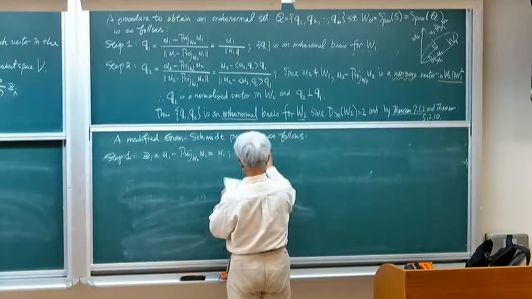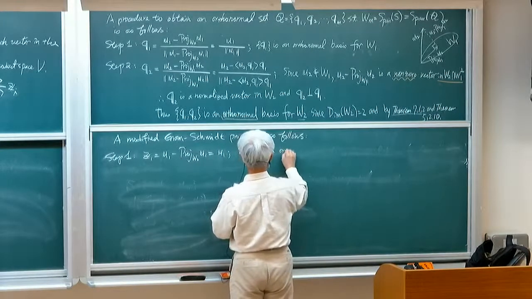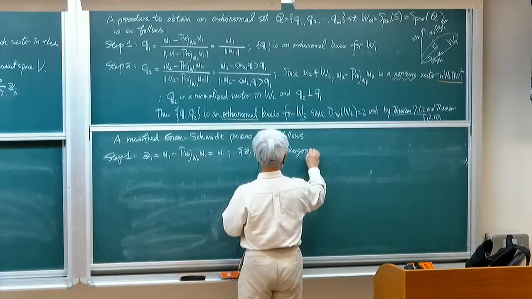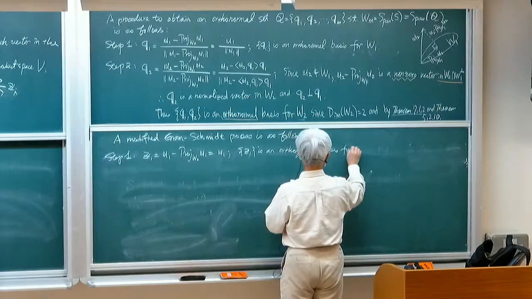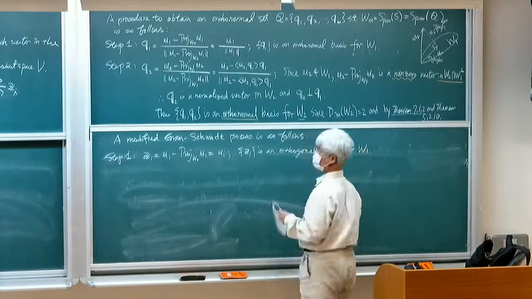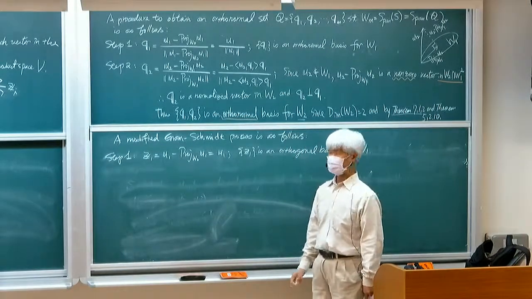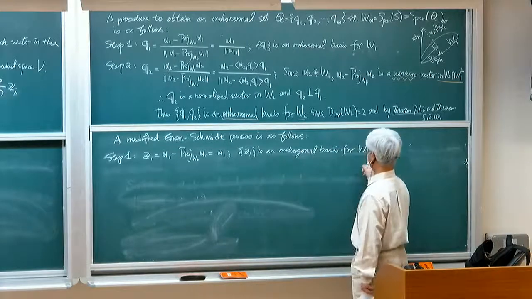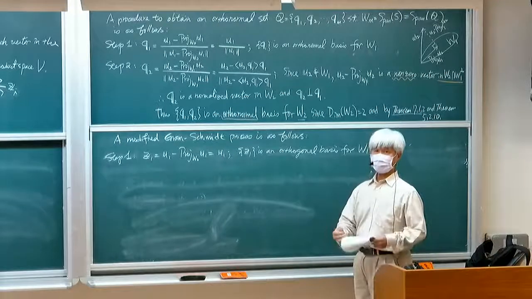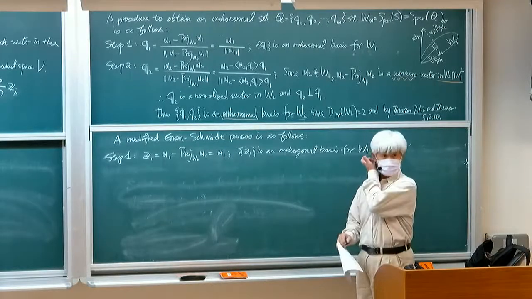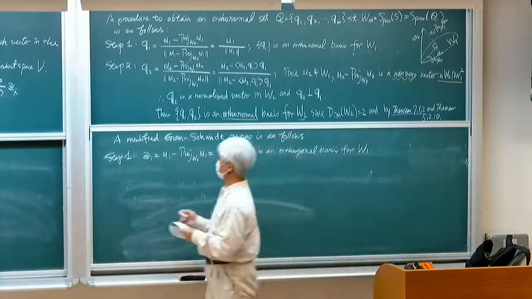So Z1 is an orthogonal basis for W1. Okay, so now we find an orthogonal basis for W1. Without normalization, we only get an orthogonal basis. Okay, and step 2.